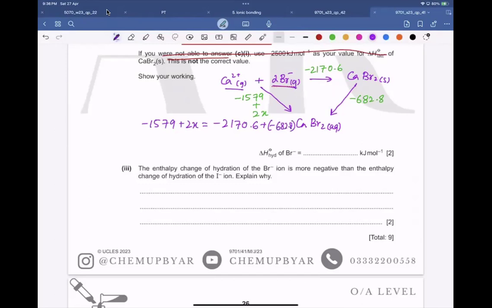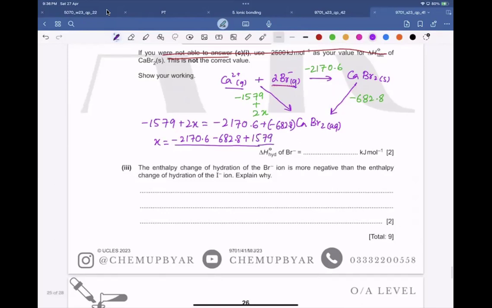Now, x would be equal to minus 2170.6 plus minus 682.8, and that minus turns into plus when I move to the opposite side of the equals, and then divide by 2.